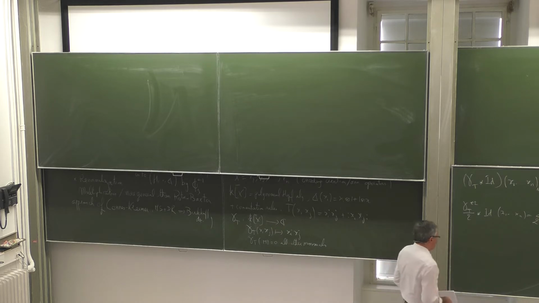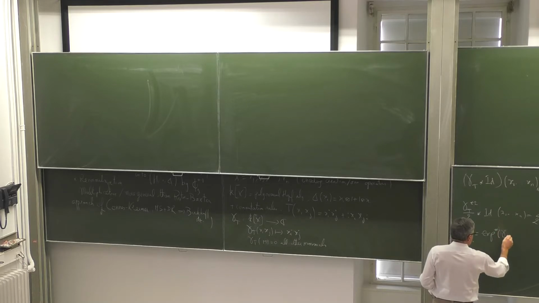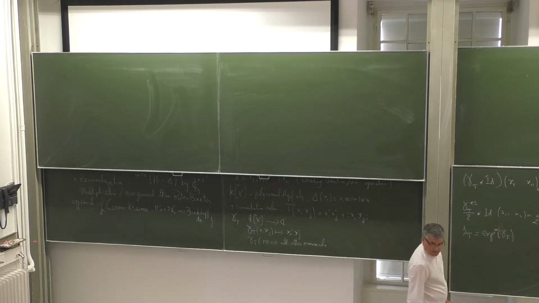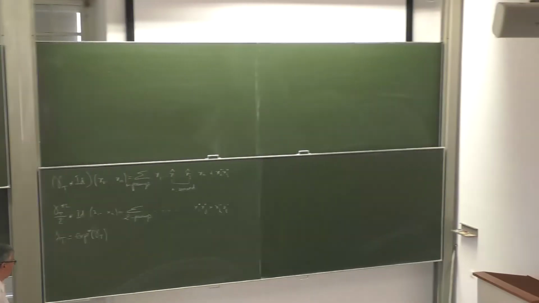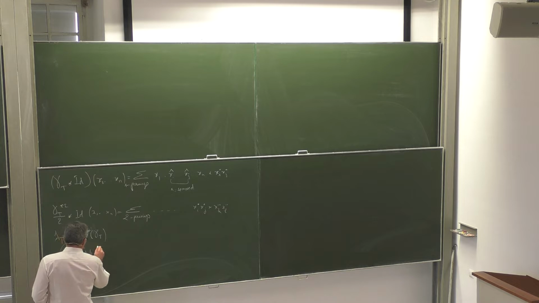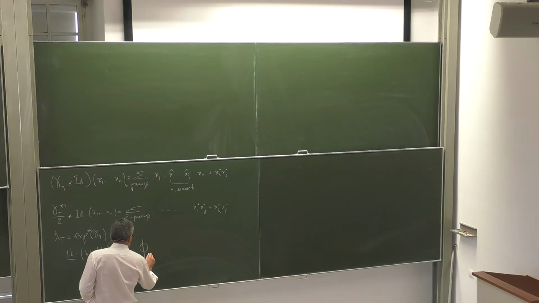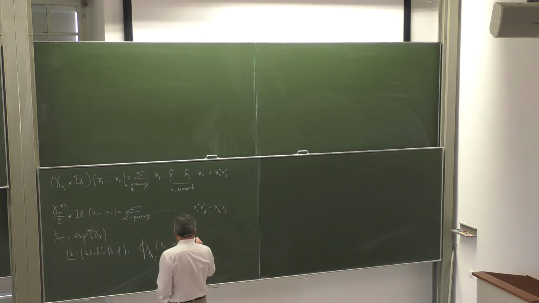What you get is that if you define lambda t as the convolution exponential of gamma t, then you recover in algebraic form Wick's theorem 1, which tells you in this Hopf algebraic form that phi indexed by lambda t of x1 to xn is the time-ordered product of the xi's.